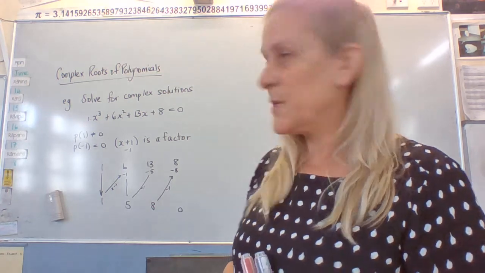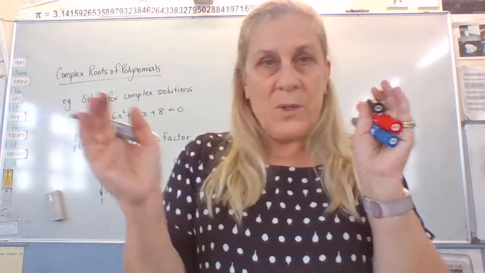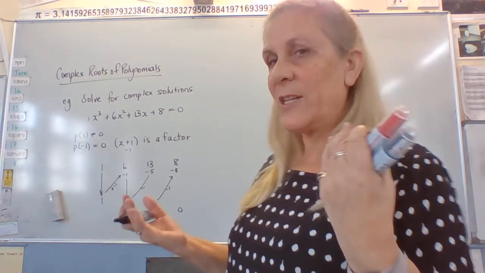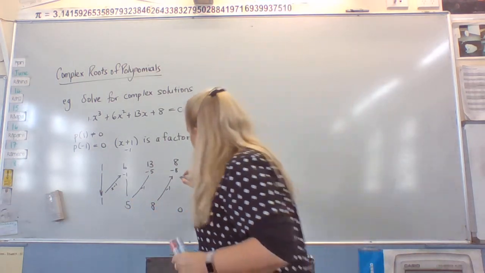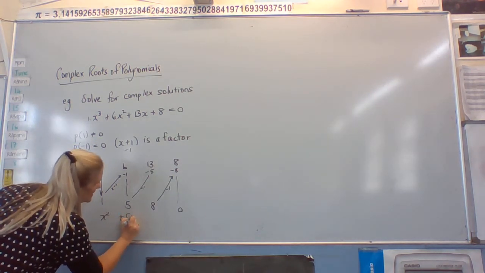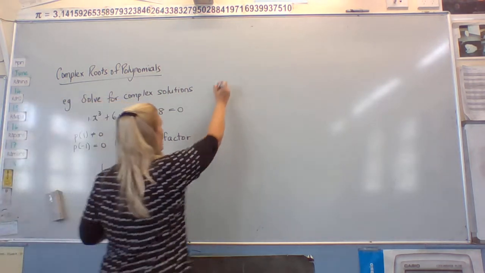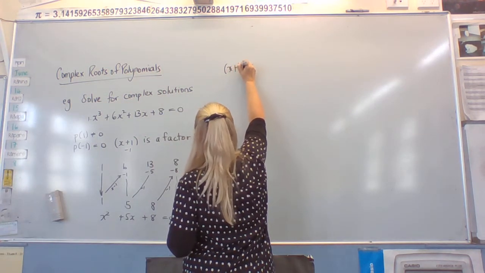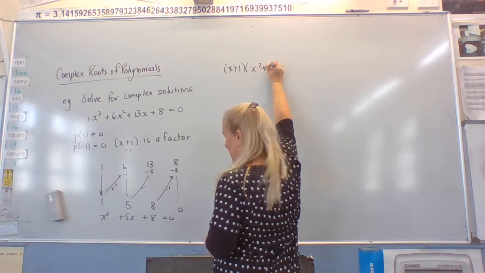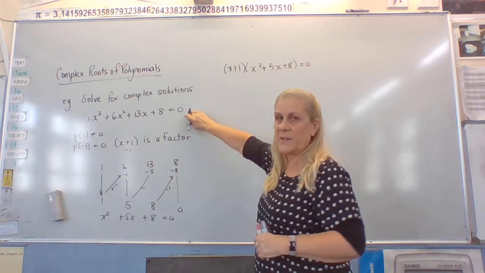Oh, we do want 0, because we don't want any remainders left, or we haven't actually got any factors. So now we've got 0, we know that x squared plus 5x plus 8 is the other factor. So it's x plus 1 times x squared plus 5x plus 8 that we're solving.